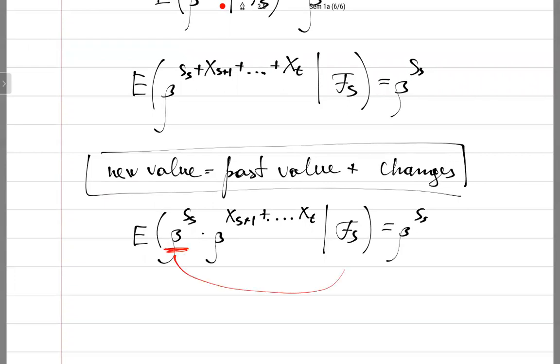This one is completely known. My information is sufficient to exactly say the value of S_s, and the changes are independent of my information.